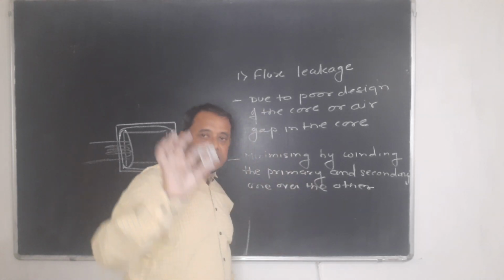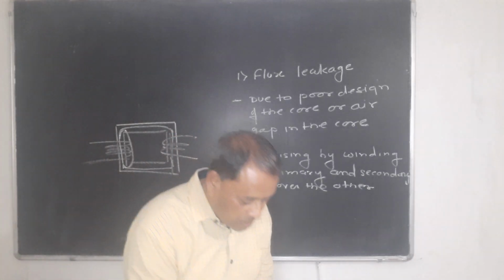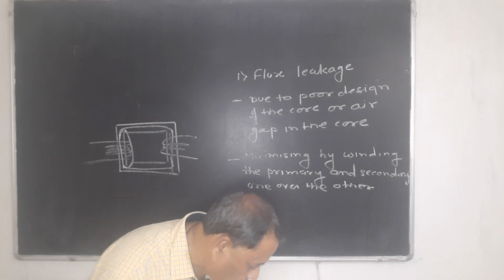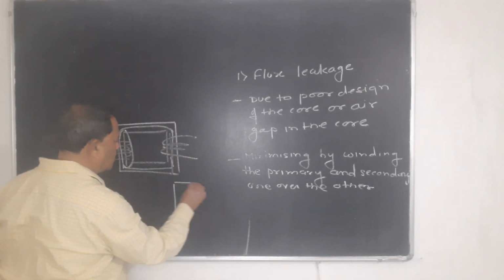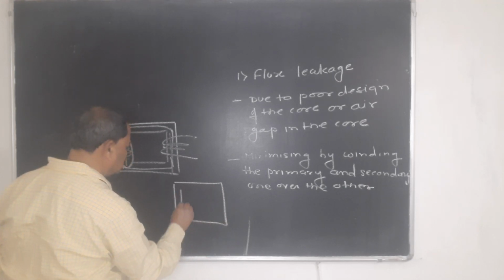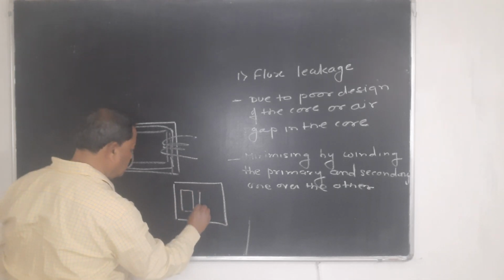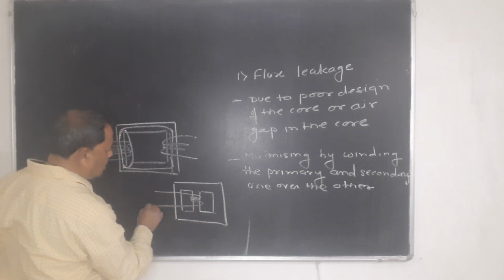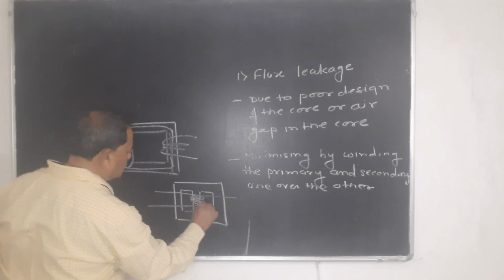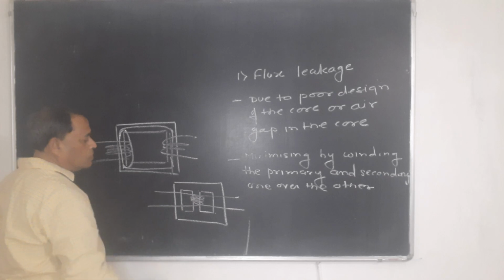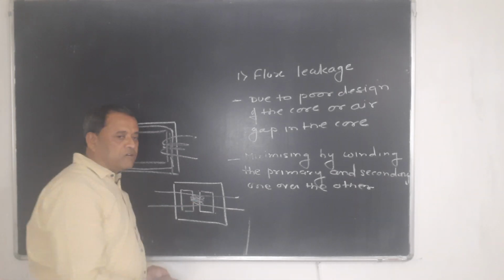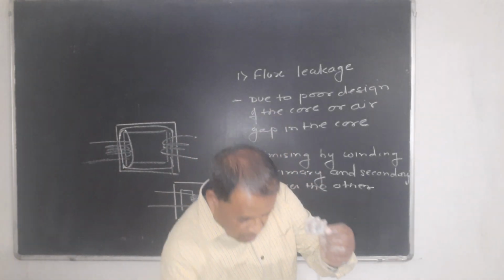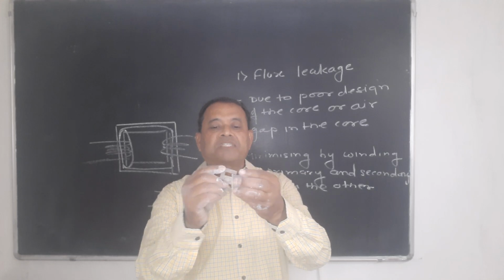Now this is the coil. This is the primary and this is the secondary winding, one over the other, and they are insulated from each other. So this is the coil and the laminations are put in this one.